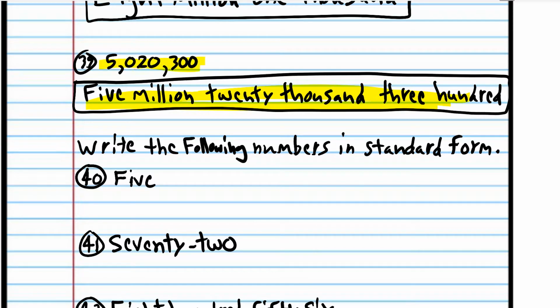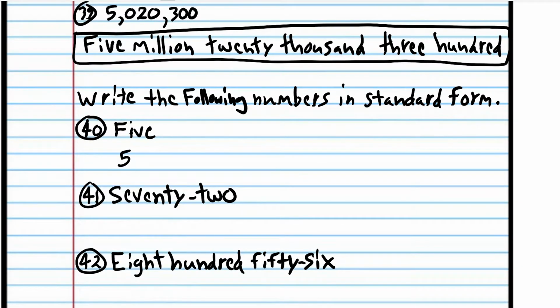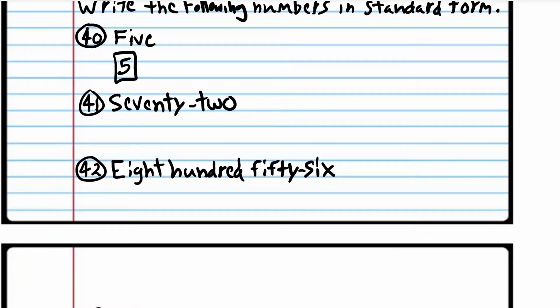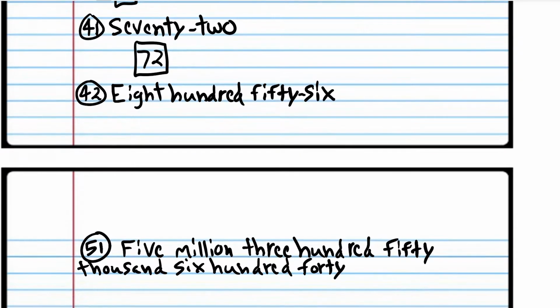So we want to convert from word form to standard form. So 5, that's pretty easy. That's just the symbol 5. 72, that's a 2-digit number. 7 and 2, 72. 856, that's a 3-digit number. 856.